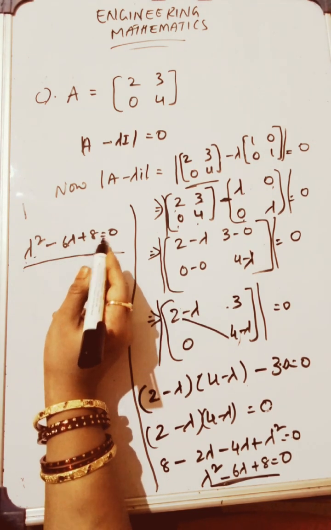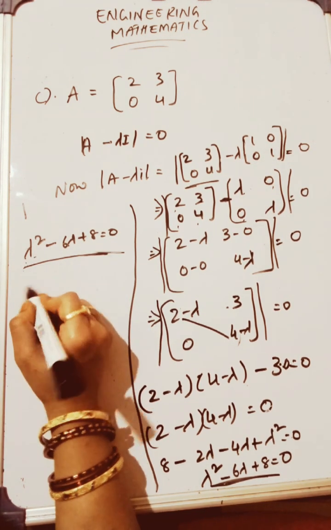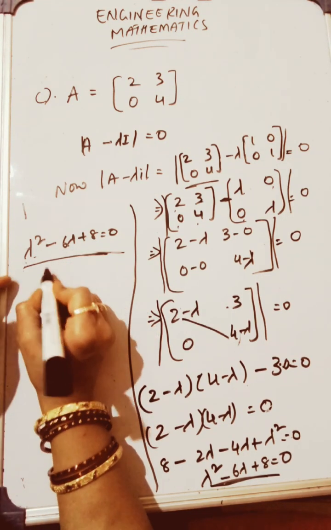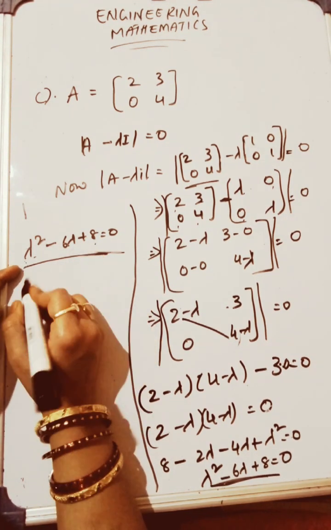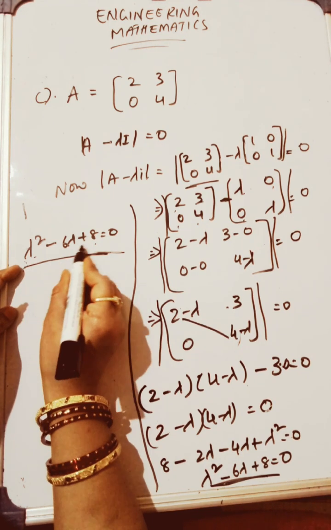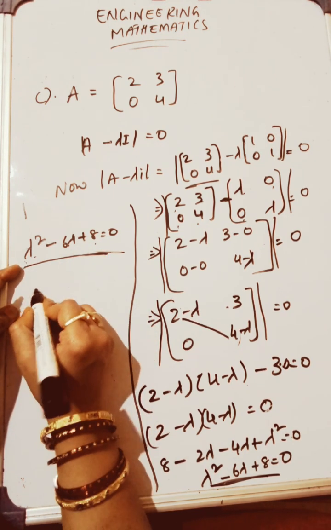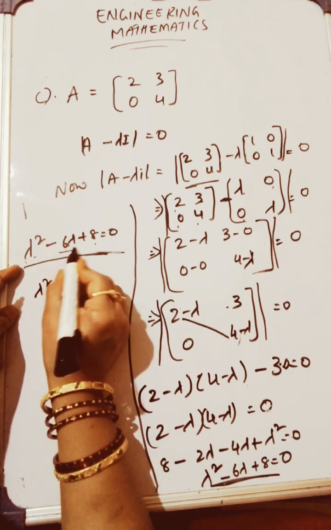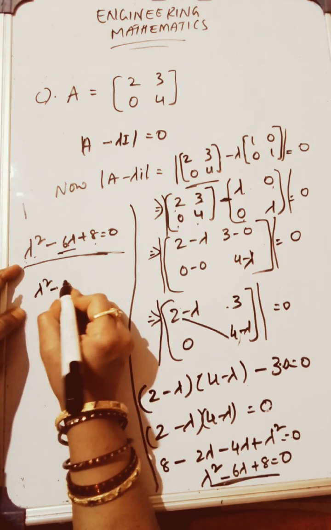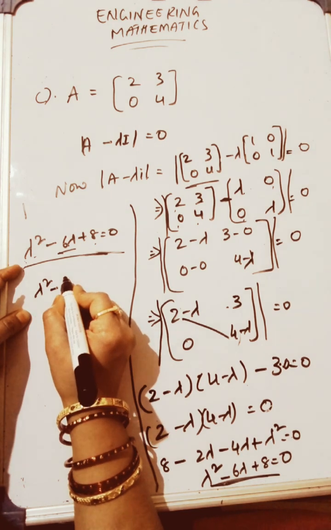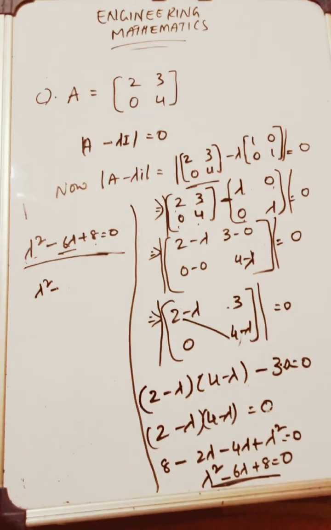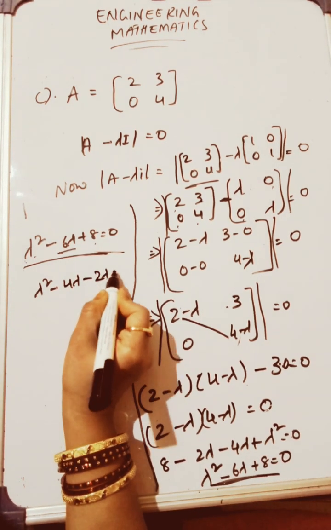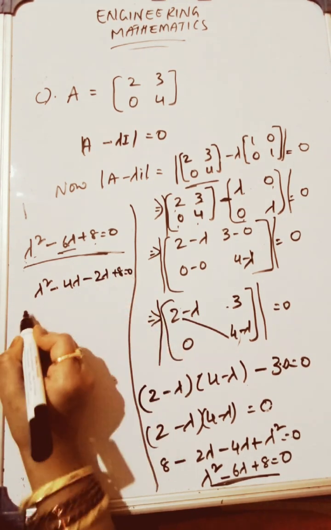Lambda square minus 6 lambda plus 8 can be written as lambda square minus 4 lambda minus 2 lambda plus 8 is equal to 0.